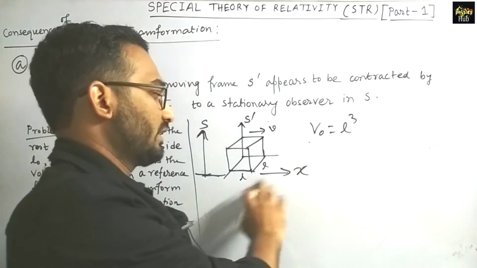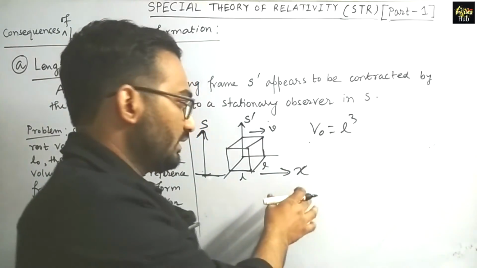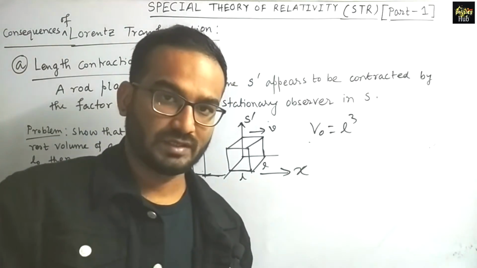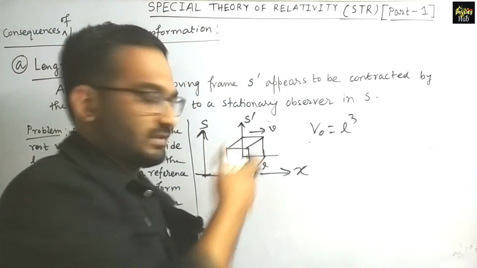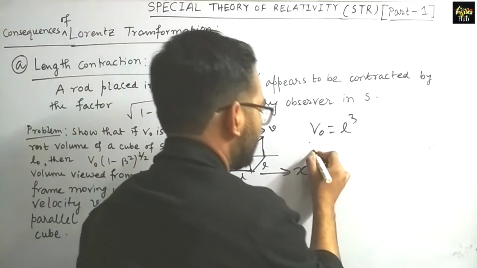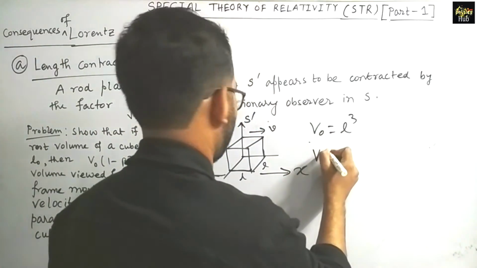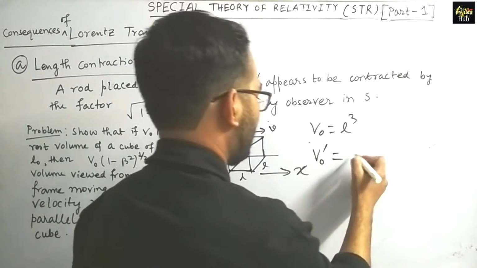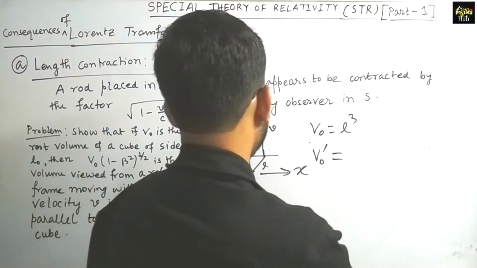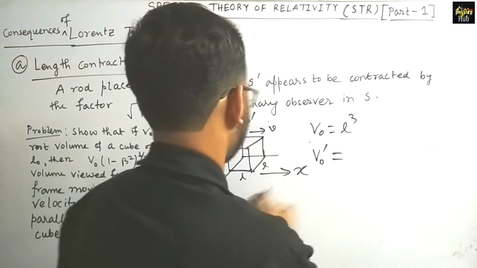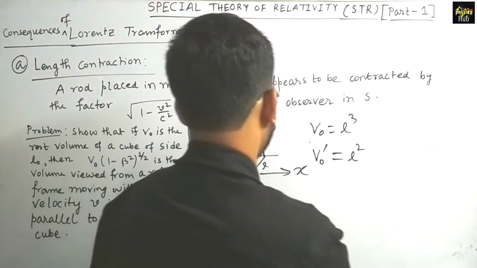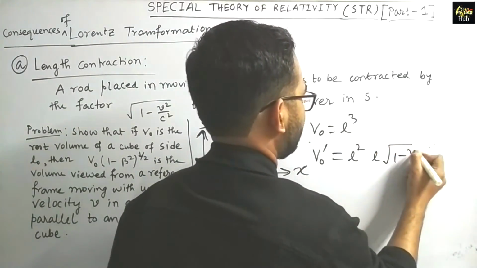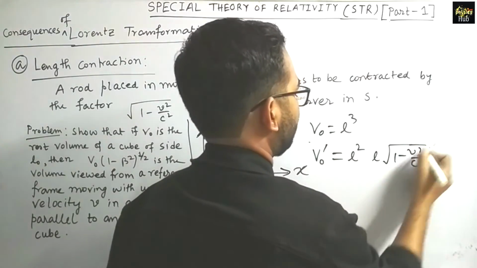So as it is moving along the x-axis, only the x-axis length will get contracted, but the y-axis and z-axis lengths will not contract. So suppose we call it V naught prime, the changed volume. Then the two L's remain the same, so L square, but this L gets contracted to L into root of 1 minus v square by c square.